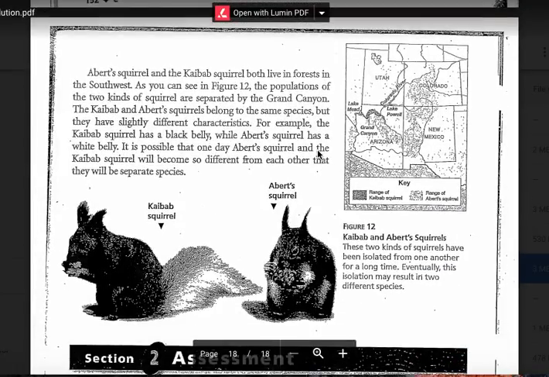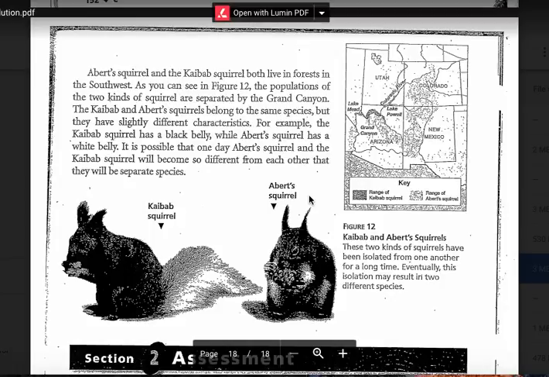The Abert squirrel and the Kaibab squirrel both live in forests in the southwest. As you can see in Figure 12, the populations of the two kinds of squirrel are separated by the Grand Canyon. So here's the Grand Canyon. And up here must be the Abert squirrel. Down here must be the Kaibab squirrel.